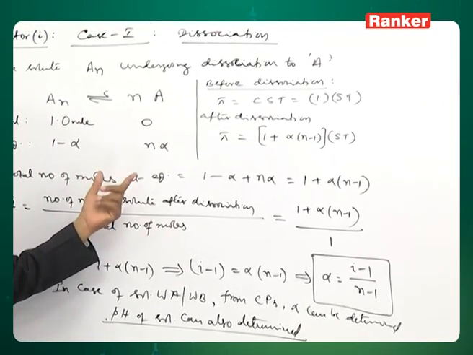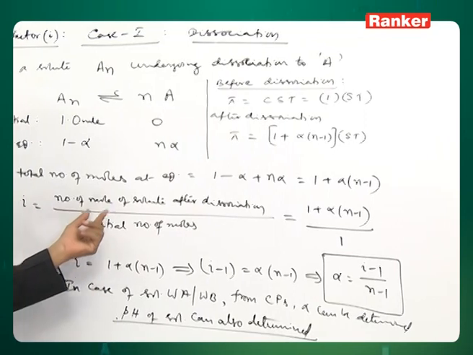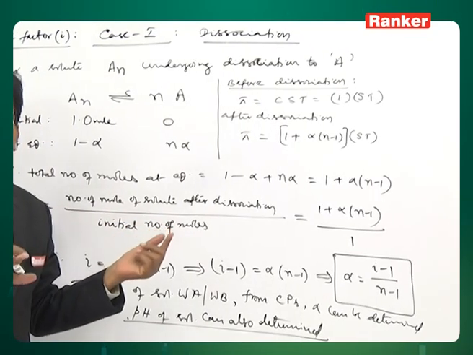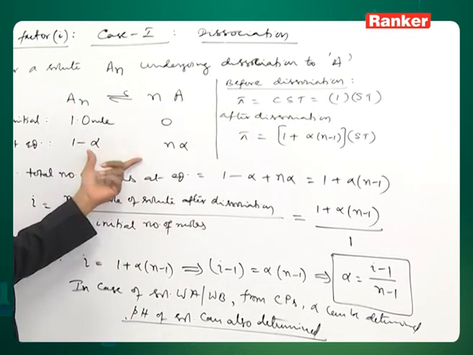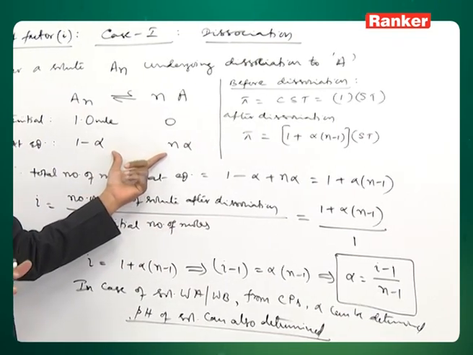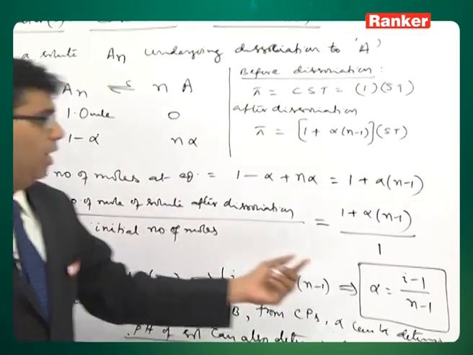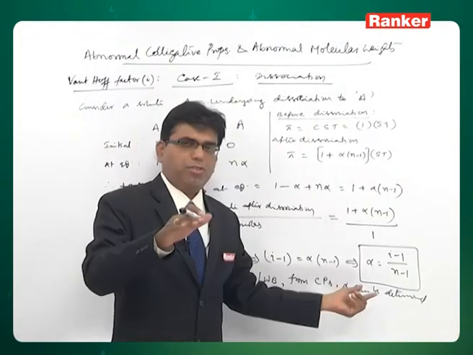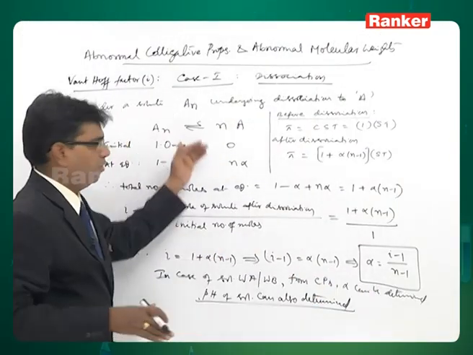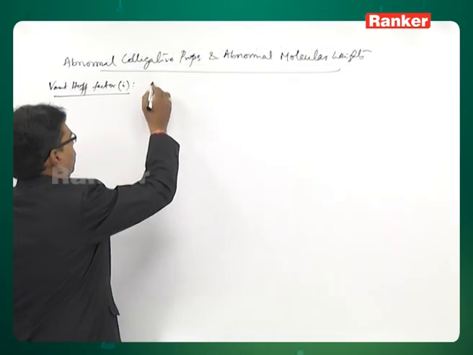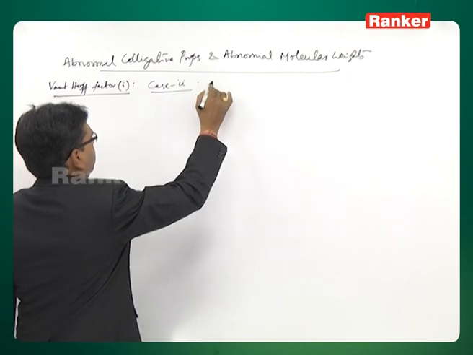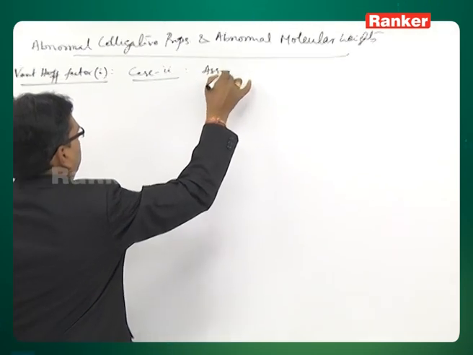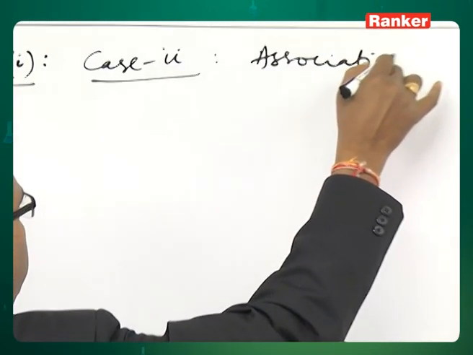So, the observed colligative property will be the inverse of what you observe in the case of dissociation. How to relate alpha and i in the case of association is what we continue with now. Now, we go to case 2: Association.